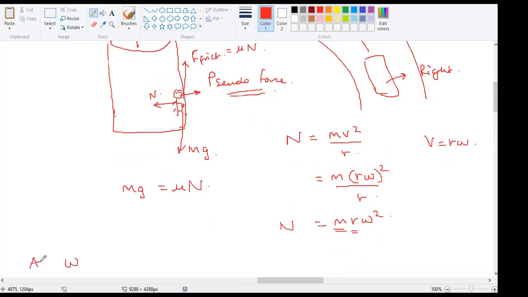As omega increases, normal reaction will also increase. If the car is turning very quickly, you will get pushed more towards the right. So as omega increases, N will also increase. As N increases, what happens? Friction will also increase. As F friction increases beyond mg, what will happen? You will start going upwards because F friction is upwards.